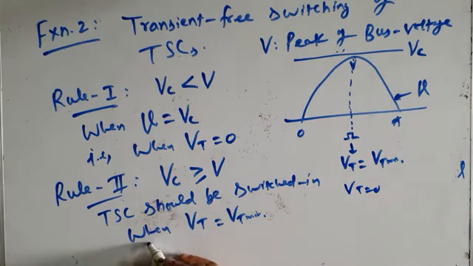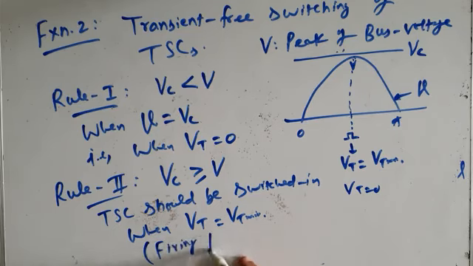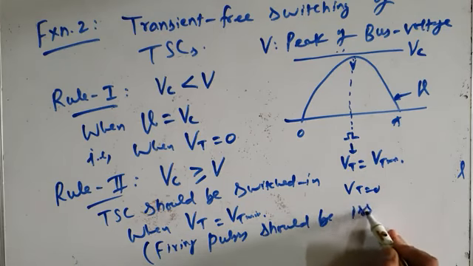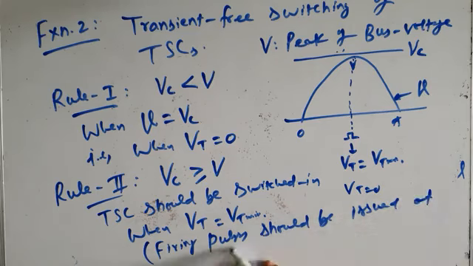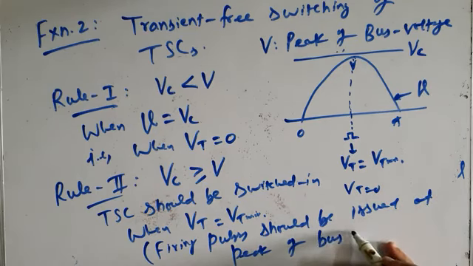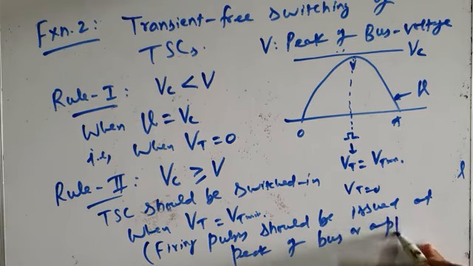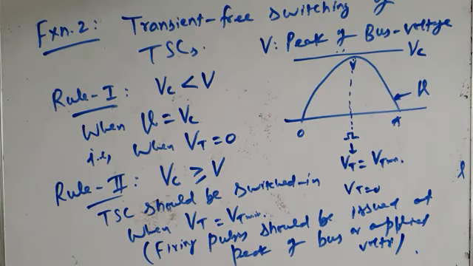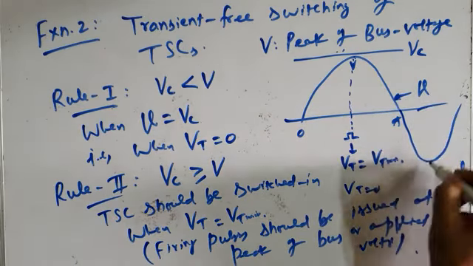That means the firing pulses should be issued at the peak of the bus voltage or applied voltage. That is somewhere here. This is the peak. Now this voltage has a positive peak, and it has a negative peak also.